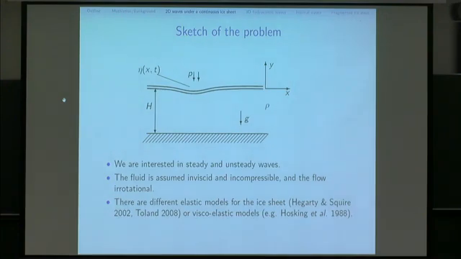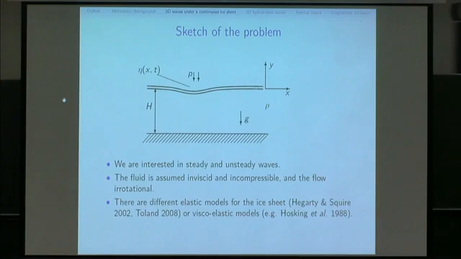So for the next 10 or so slides, this is the sketch of the problem. We have an elastic plate, and you have some pressure or not on top of it. Sometimes I put the pressure and then remove it just to obtain some free waves. We look for steady or unsteady waves with different algorithms.